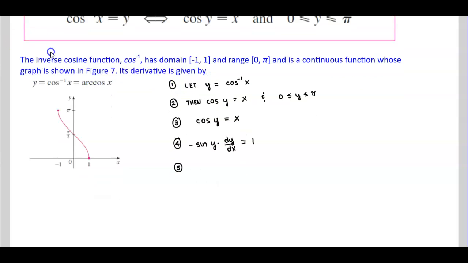Now if we want to solve for dy over dx, then it's going to equal -1 over the sine of y.